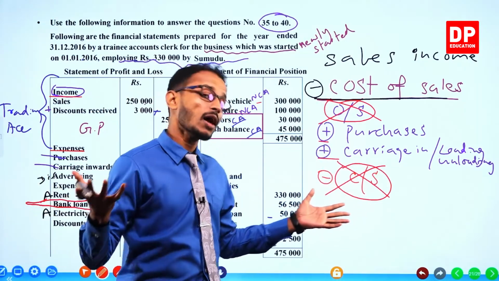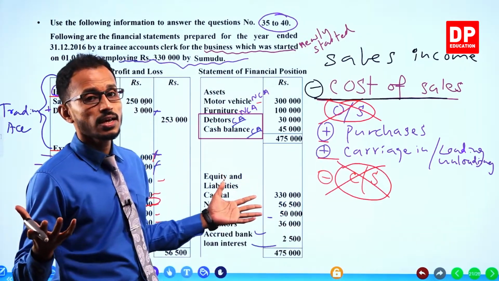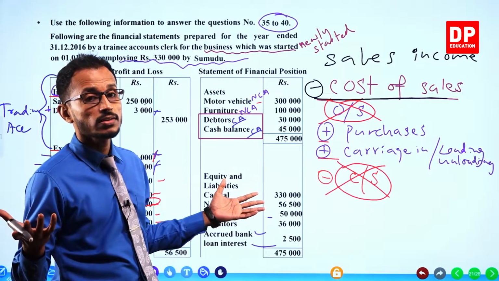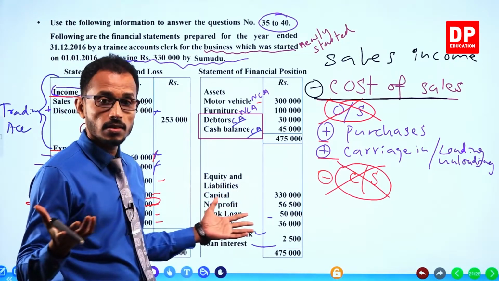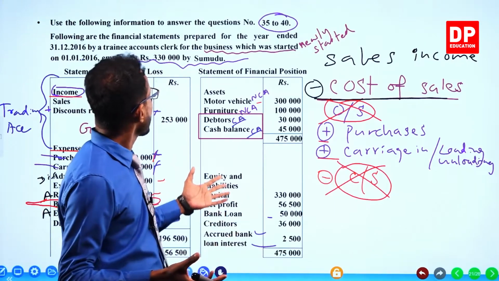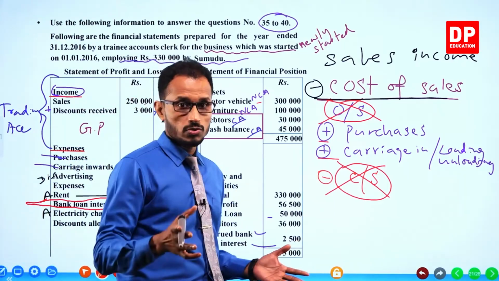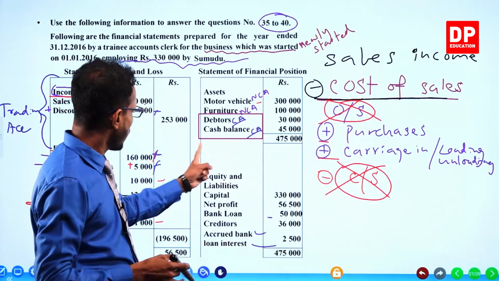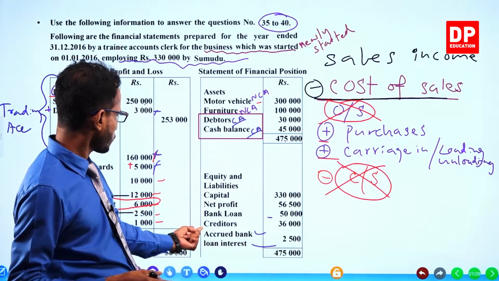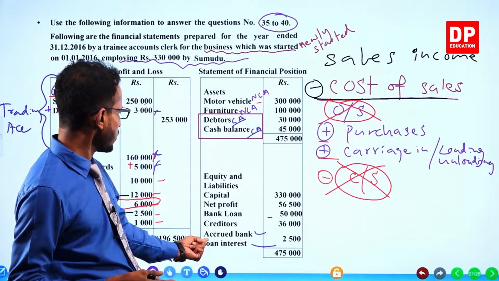But we now have to check whether there is an accrued or prepaid amount. Accrued is a liability. If bank loan interest is accrued, it's a liability, so let's check in liabilities. We have accrued bank loan interest.